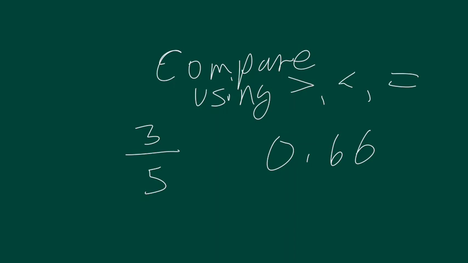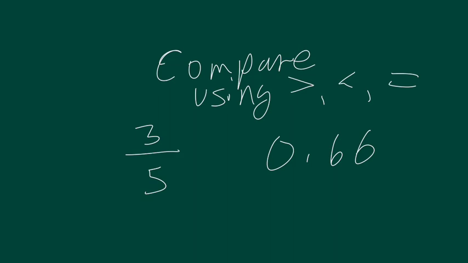So let's say we're comparing 3 over 5 and 0.66. Well, we want to put these numbers in equivalent forms, or the same form. So right now, one's a fraction and one's a decimal. So in order to compare these most effectively, we want to make them both either fractions or decimals. In this case, it's probably going to be easiest to make 3 over 5 into a decimal.